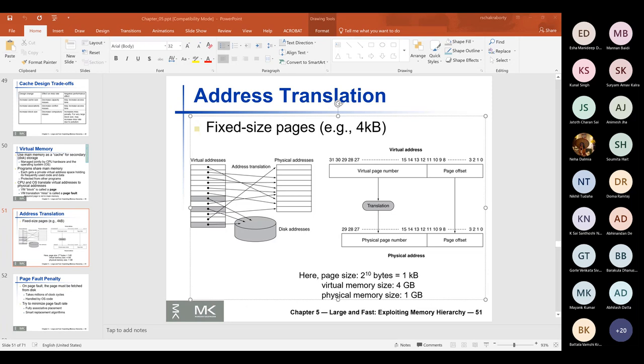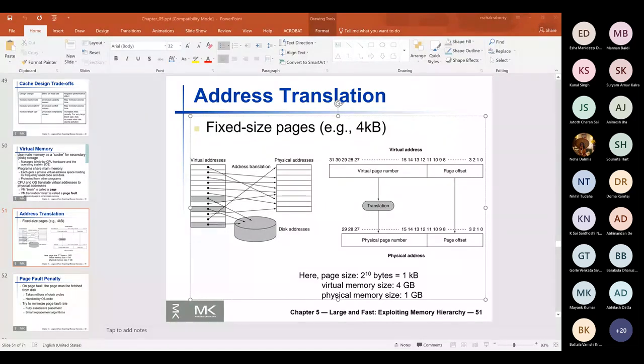Now, when the address translation happens and it gets the physical address, some of these pages are actually there in main memory. So it's a successful translation.